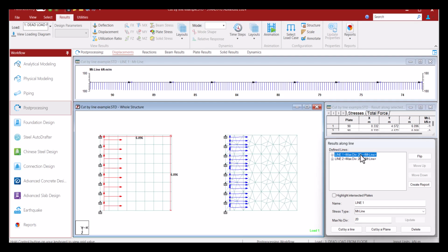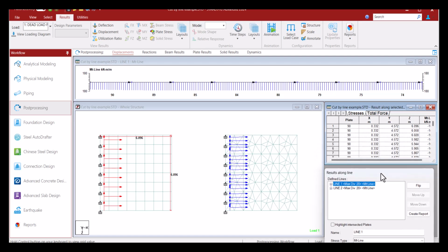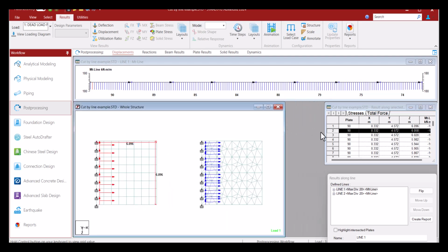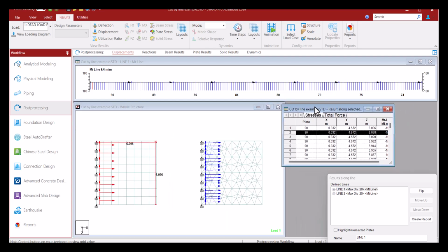The first one, MY, that I have already explained, is the moment about this line. Here you can see the graphical representation of this moment diagram, and you can find all those individual plate stress values. I'm just dragging it a little bit to show you.